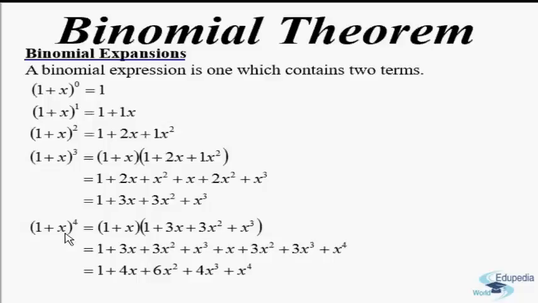But what if you don't have this? What if in an exam you only have 1 plus x raised to the power of 4? Or what if you have a question that just asks: what is the coefficient of x squared in the answer? What are you going to do then? You would have to do all the calculations, 1 plus x multiplied by 1 plus x multiplied by 1 plus x multiplied by 1 plus x.